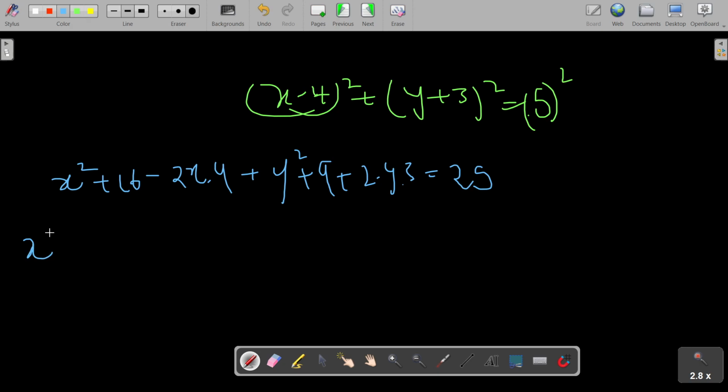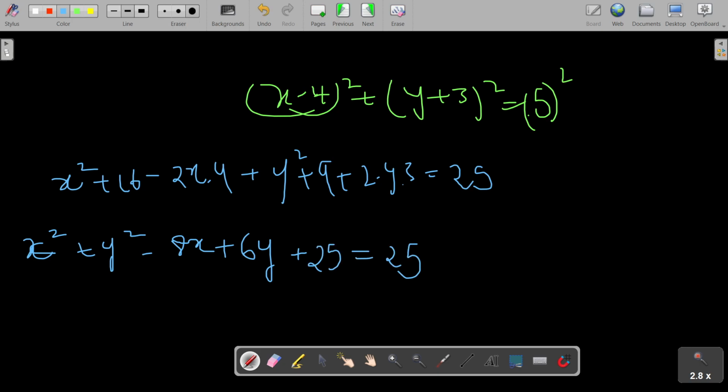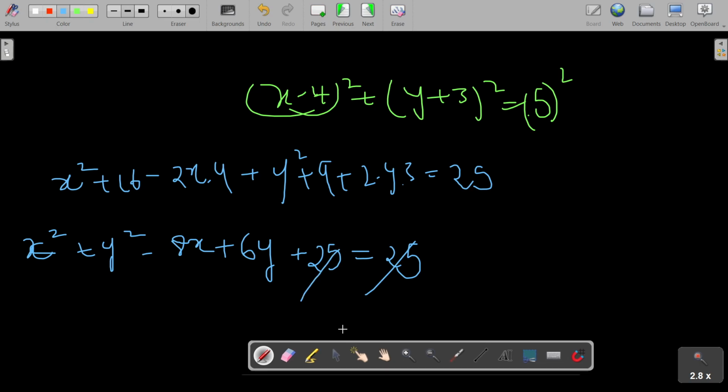So let's write x squared plus y squared minus 8x plus 6y, and we have 16 here. 16 plus 9 is 25, and this is also 25, so this gets cancelled.